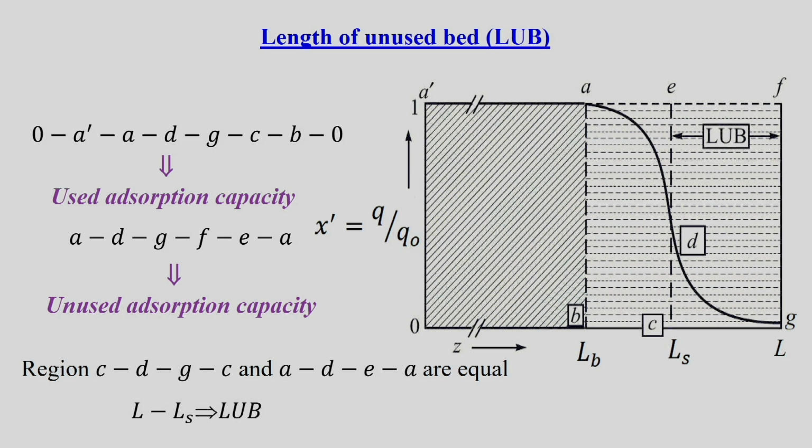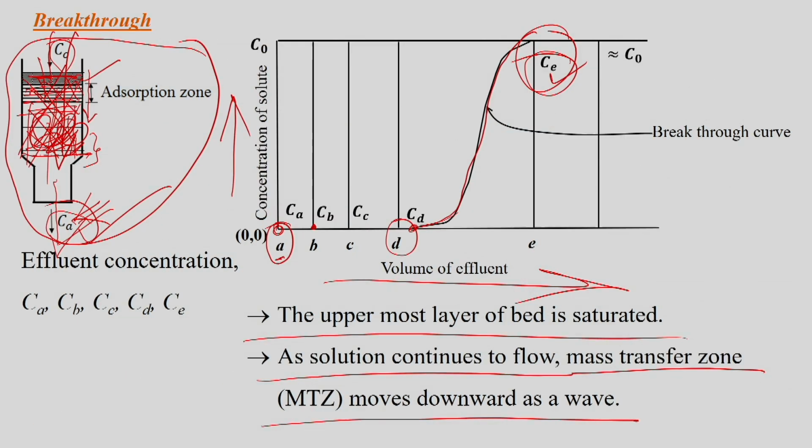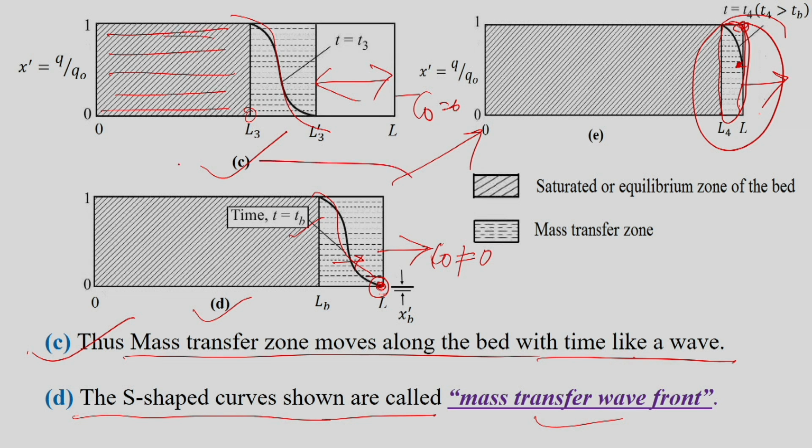Now, we will be discussing the length of unused bed, or LUB. Let us take the last situation, situation D. Just to remember, in situation D the breakthrough will start from here, and Q by Q0 has reached its ultimate point, or the unsaturated zone in the column is exhausted.